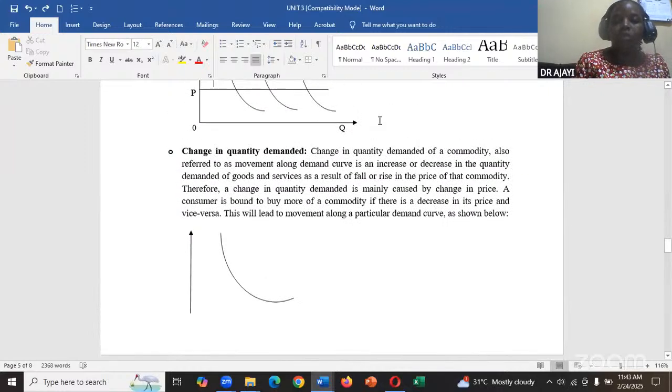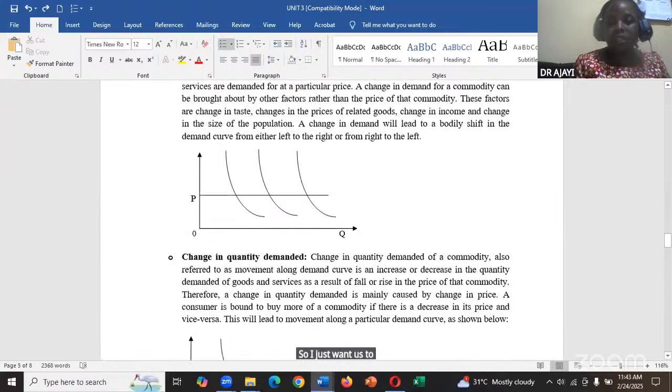So I just want us to note the difference.